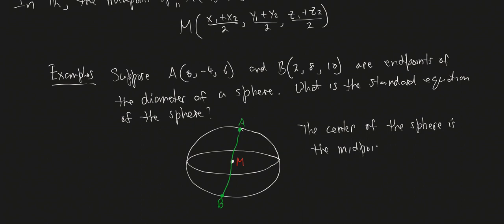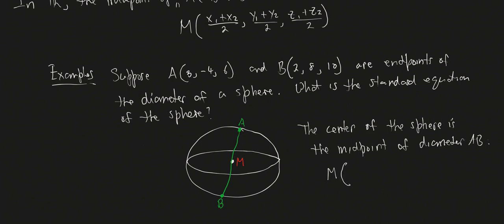Since we have the endpoints of the diameter, I'll just say the midpoint of diameter AB. So let's go ahead and compute the midpoint. So again, I'll continue to use M, or you could just say C for center, whatever it is.